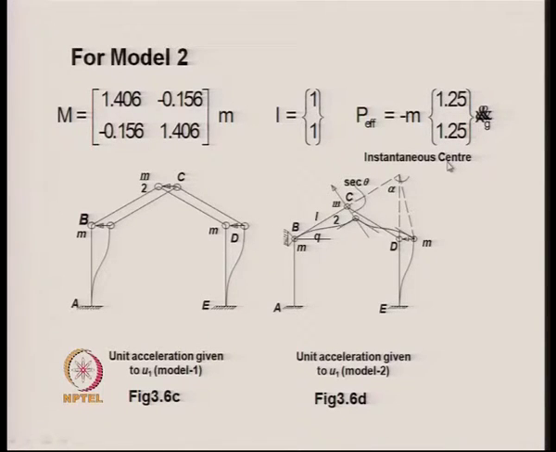If the ground motions at the two supports are the same, then at B and D the same displacement will take place, and as a result, effectively we will have only 1 degree of freedom, and for that the total mass will be equal to 2.5, as we can see on the left hand side of the figure, and the effective load vector minus m is equal to 1.25 1.25.